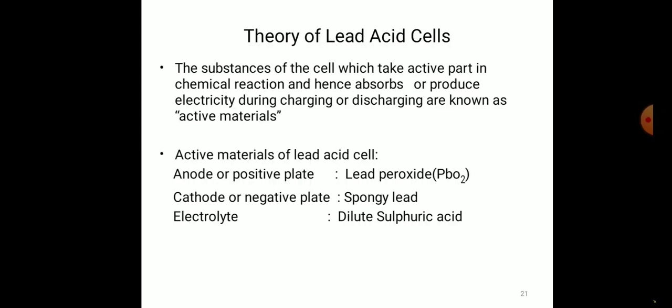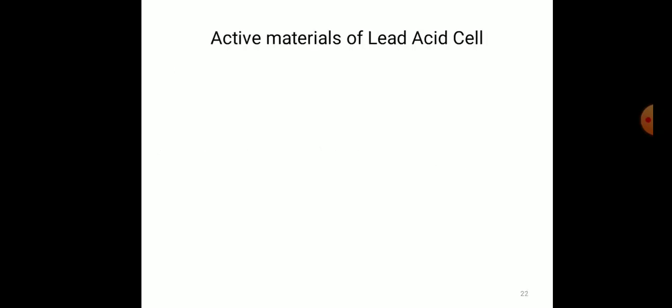The first plate is lead peroxide, another one is spongy lead, and the electrolyte used is dilute sulfuric acid. These are the main active elements used in the lead acid cells.